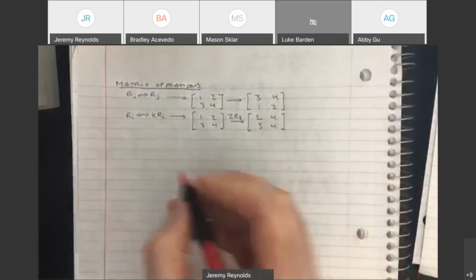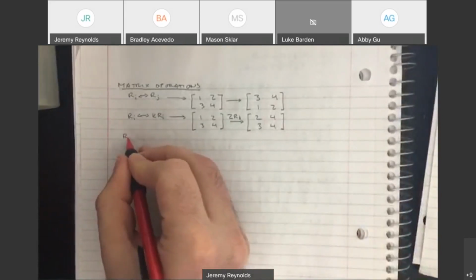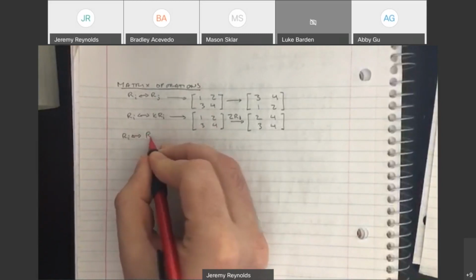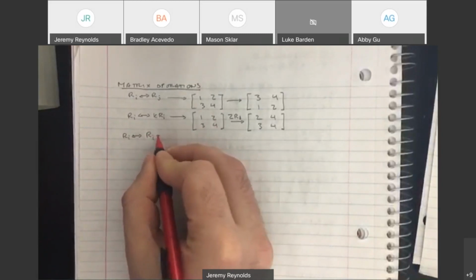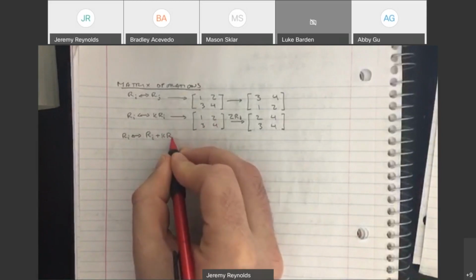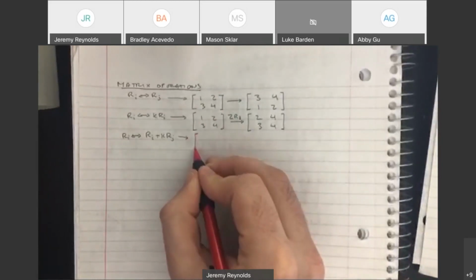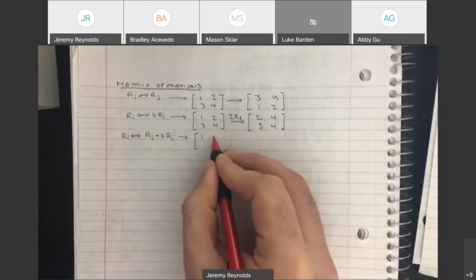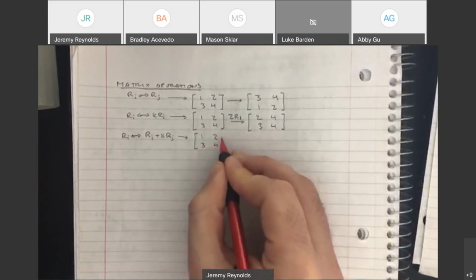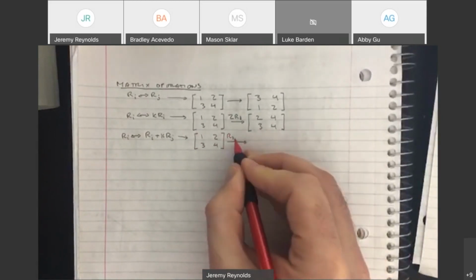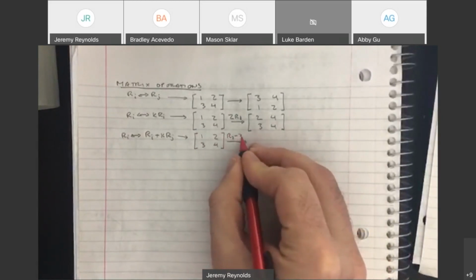And the third thing I can do is I can take a row and I can replace it with a row plus a constant times another row. What does that mean? So that means that I have a matrix. I can take row 2 and subtract 3 times row 1.